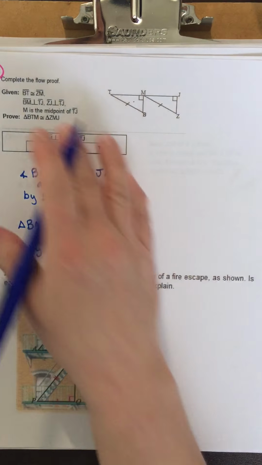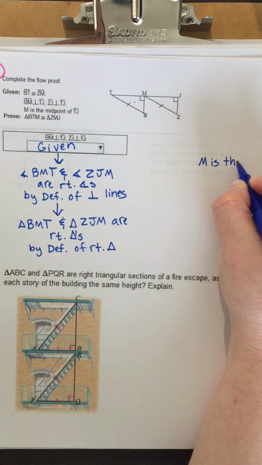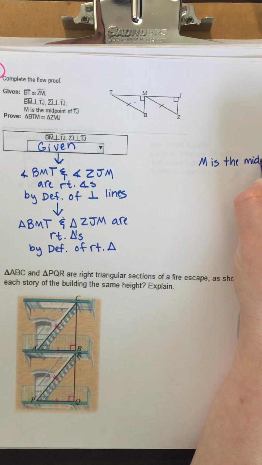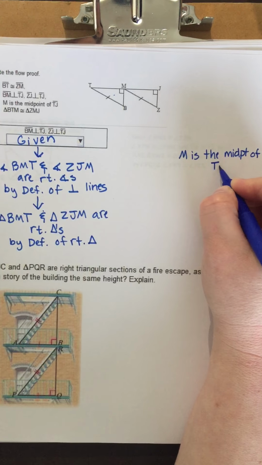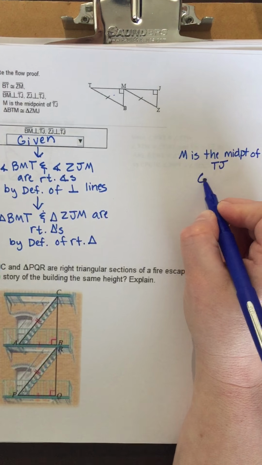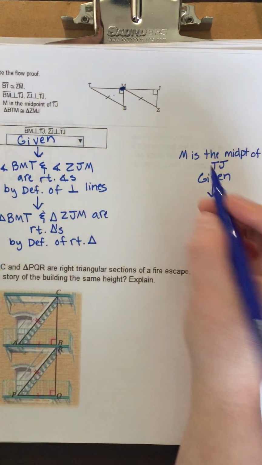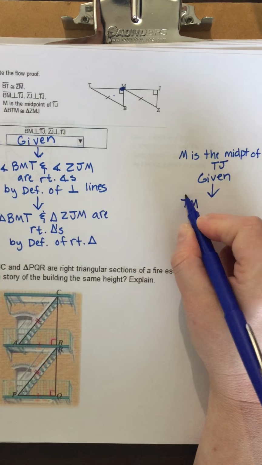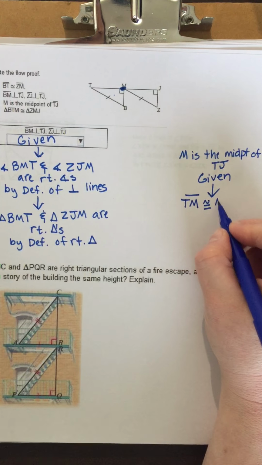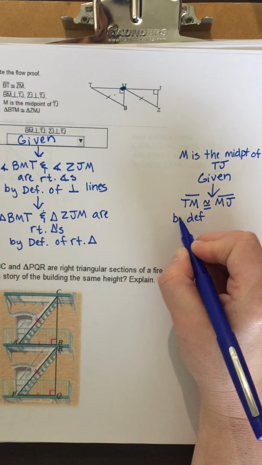All right, they also give us that M is the midpoint of TJ. So that's given. Well, if this is the midpoint, then I can say that TM has got to be congruent to MJ, and that's the definition of a midpoint.